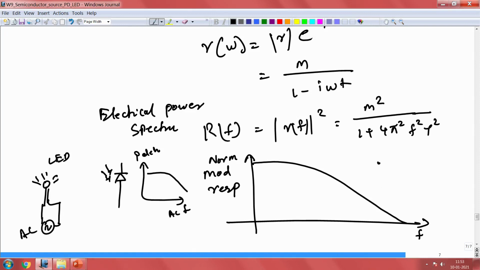So, let us say in this particular case at about 10 nanosecond, you will have 3 dB bandwidth.